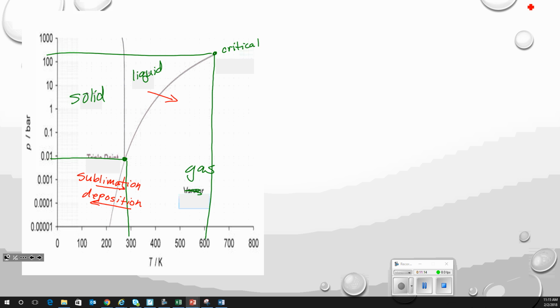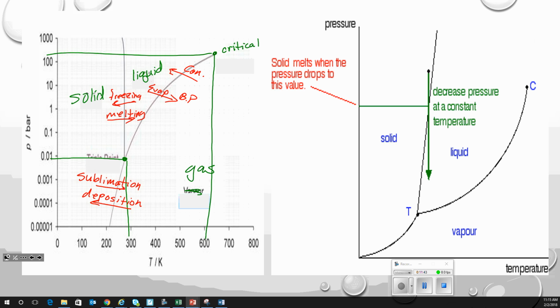Evaporation, also known as boiling point, right? What if I go this way? Condensation, good. And what if I go this way? Freezing, good. And if I go the other way? Melting. Okay. Other way, yep. Change the arrow, thank you. Melting.